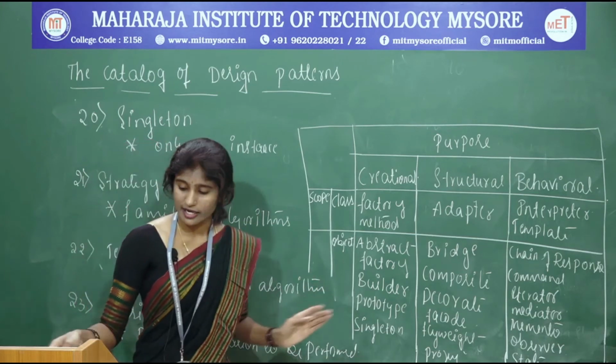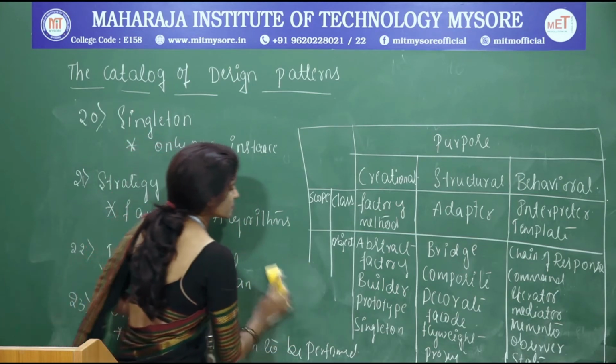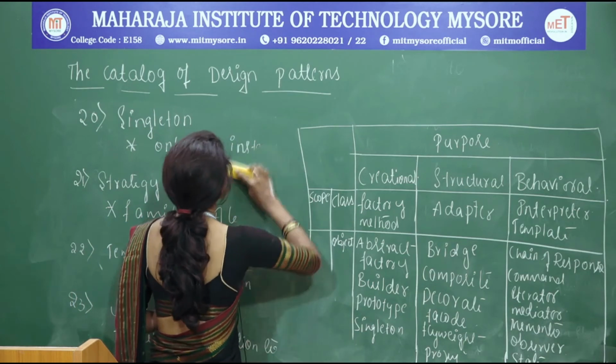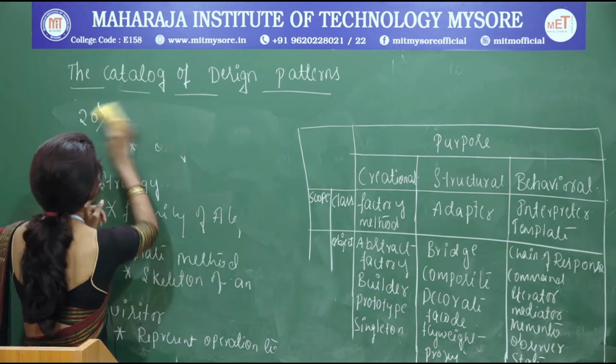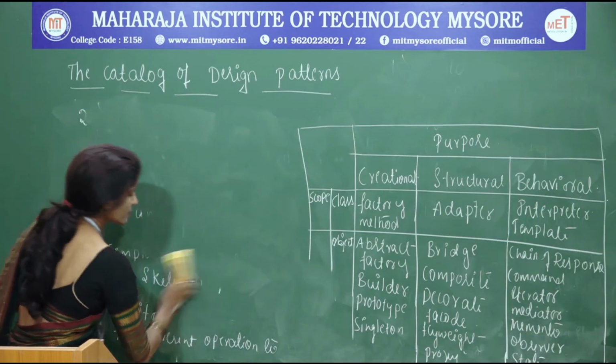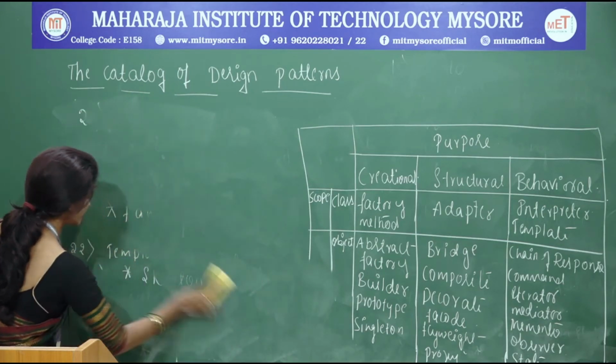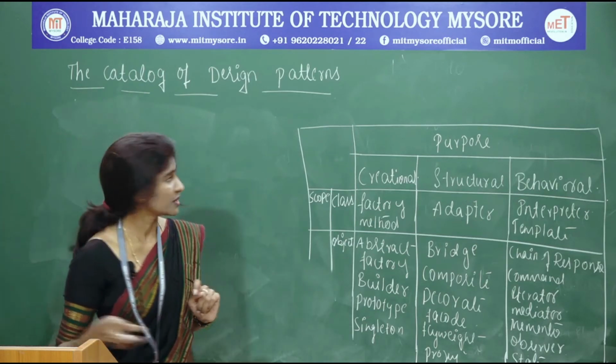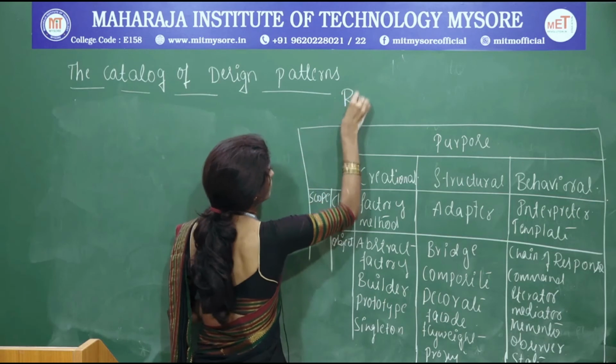So next, coming to the next topic, that is the catalog representation. How are we going to represent the catalog? I explained the catalog, right? Now I am going to tell you how to represent it.